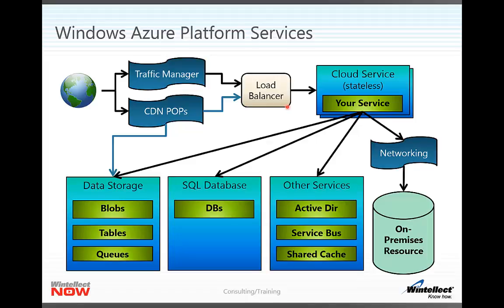The purpose of the load balancer is to take the incoming client requests and to distribute them equally across your virtual machines that are running your code. Now in this slide here, I show 2 virtual machines. There's one rectangle behind another rectangle. That represents 2 virtual machines that are running in your cloud service over here.